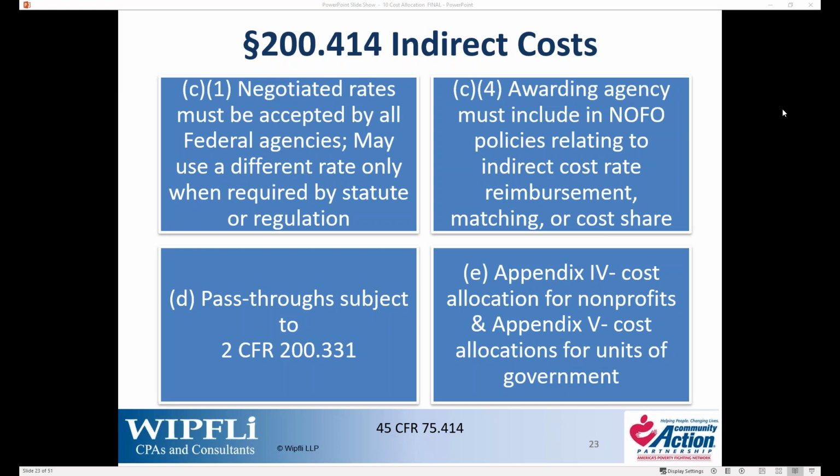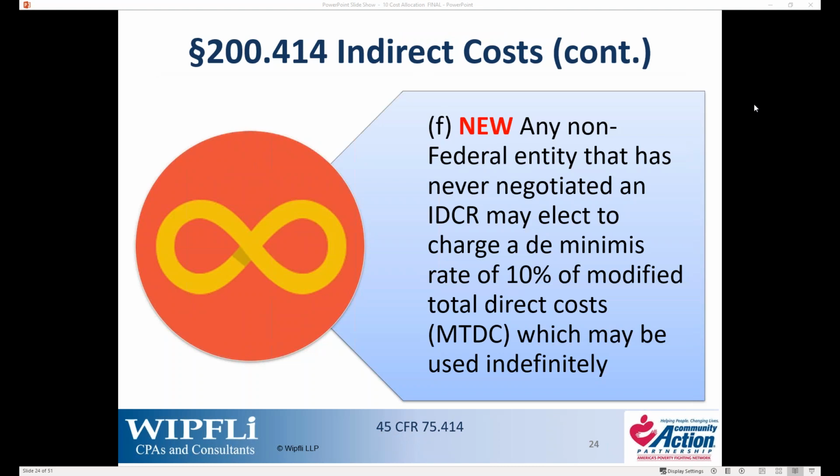Pass-through agencies are subject to 2 CFR 200.331, and that means that pass-throughs have to accept your indirect cost rate as well. And just as an FYI, Appendix 4 and Appendix 5 talk about cost allocation for indirect cost allocation for nonprofits in Appendix 4 and units of government in Appendix 5.